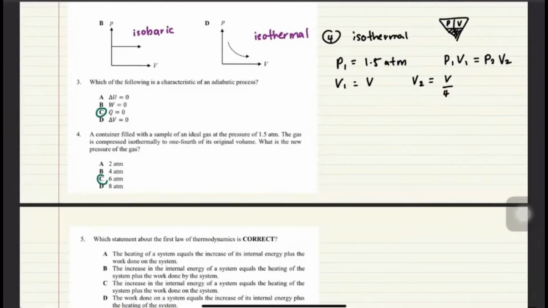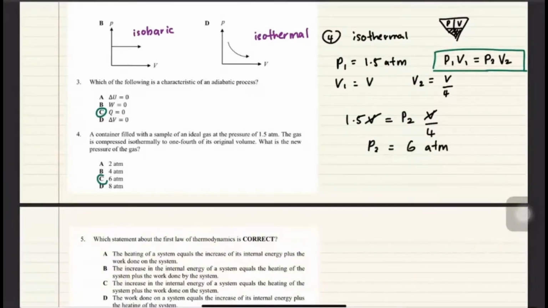So if I substitute the values inside this equation, I will have 1.5 V equals to P2 V over 4. Cancel out the V. Your P2 would be 4 times 1.5, which is 6. This one is atm, so it will be atm as well. Okay, any question? No, sir. Okay, good.